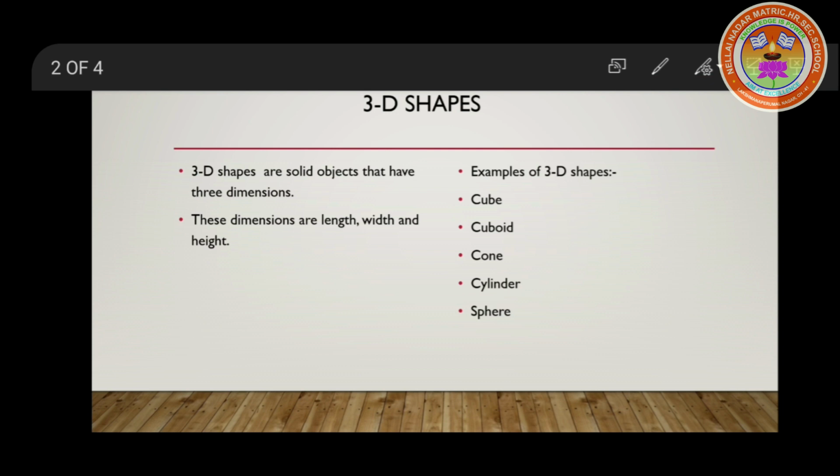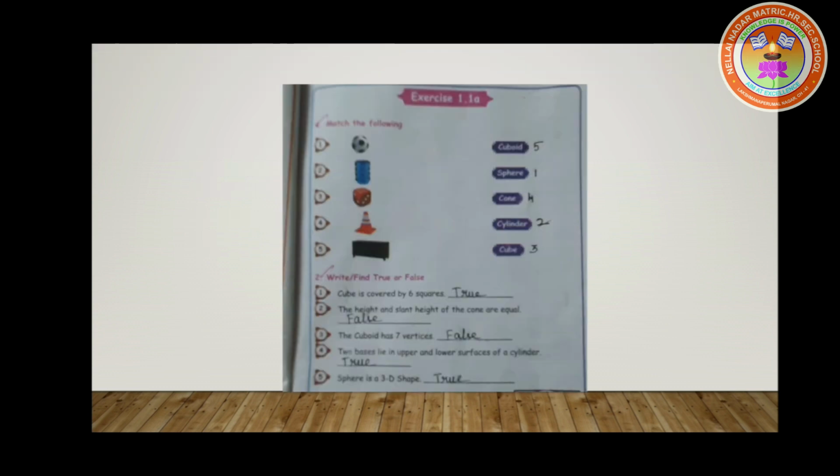Now let us move on to your exercise 1.1. Children, this is your first exercise, Roman letter 1, match the following. First one, ball. So ball is in what shape actually? See, the match is given on the right hand side, the left hand side is the diagram.